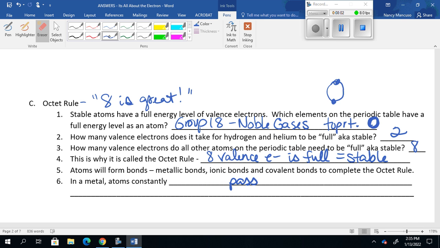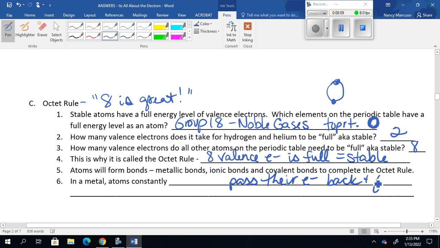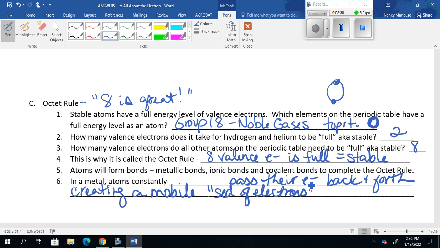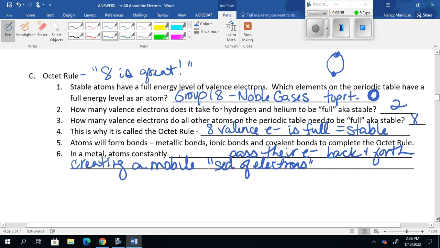So they constantly pass their electrons back and forth, creating a mobile sea of electrons. Think of it like hot potato. None of these metals really want their electrons, so they're constantly passing them to the next metal atom, and that's what creates this sea of electrons.